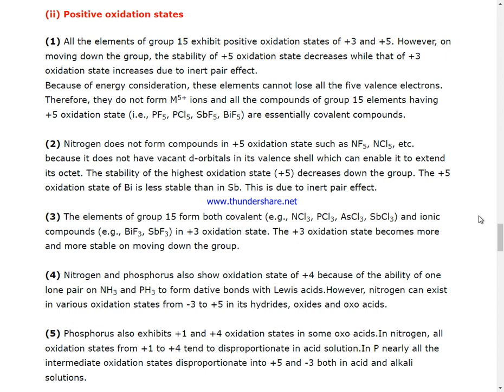The stability of the highest oxidation state +5 decreases down the group. The +5 oxidation state of bismuth is less stable than in antimony. This is due to inert pair effect.